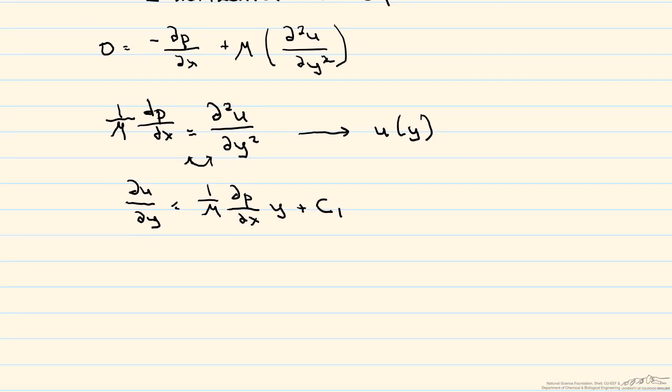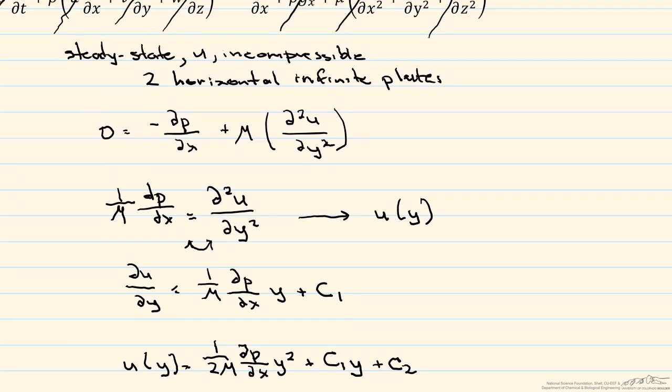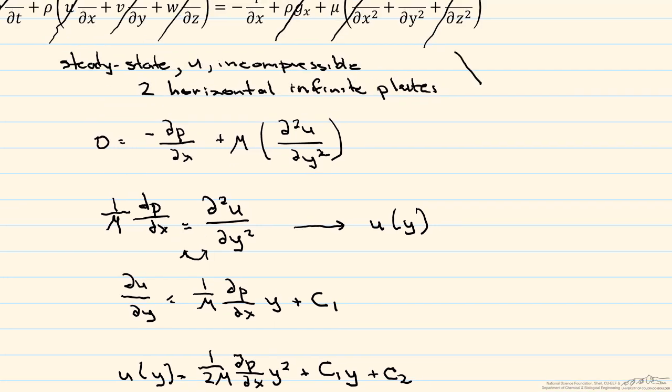And now let's integrate this again, and we find that u of y is equal to 1 over 2 mu dp dx times y squared plus c1 times y plus c2. And so this is going to be the equation that we'll always start with when we have these particular conditions.